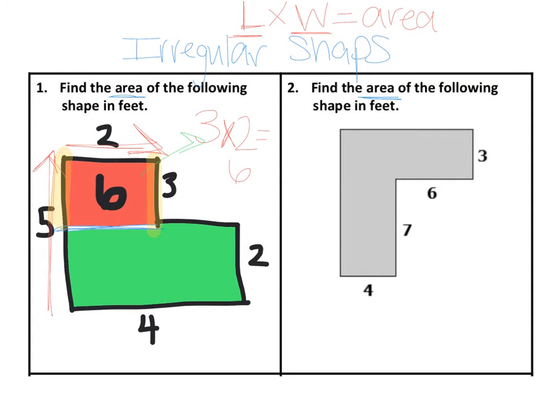We have 6. Okay. The next step is I'm not done because I want to know the area of this entire shape. I'm going to be doing the green one now. So the green one, we are going to be doing length, which would be across like this.